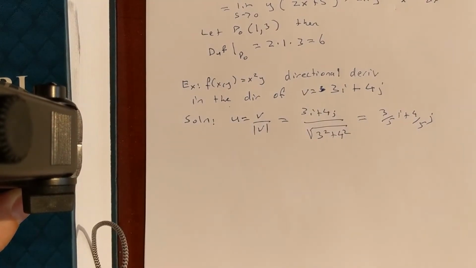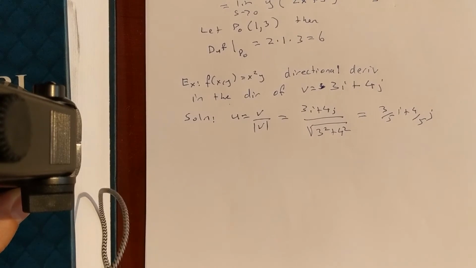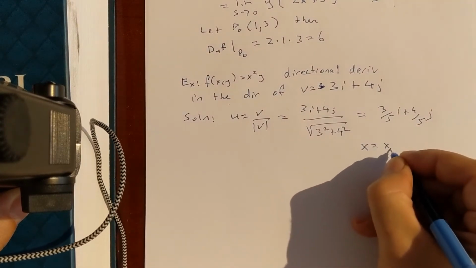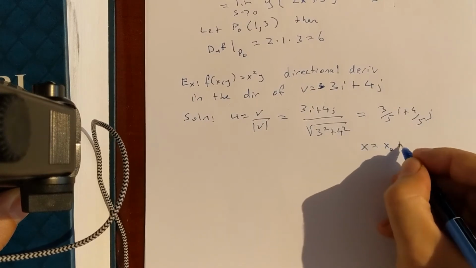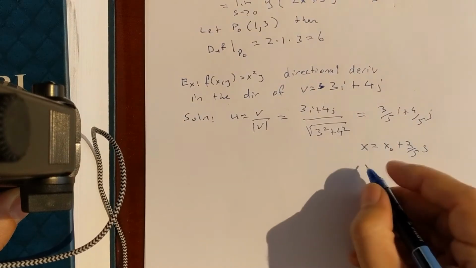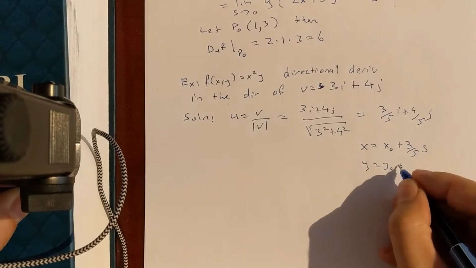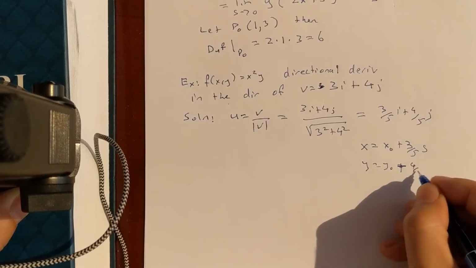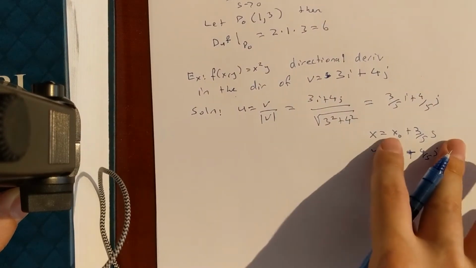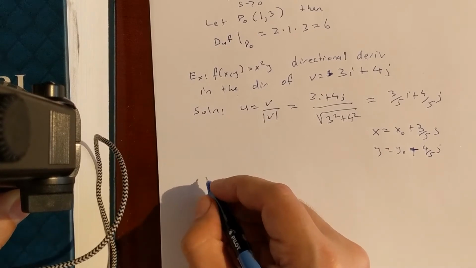If we were to parameterize the line, we would get x plus 3/5 s for the x component, and y naught plus 4/5 s for the y component. So wherever I see an x, I'm going to plug in x plus 3/5 s.